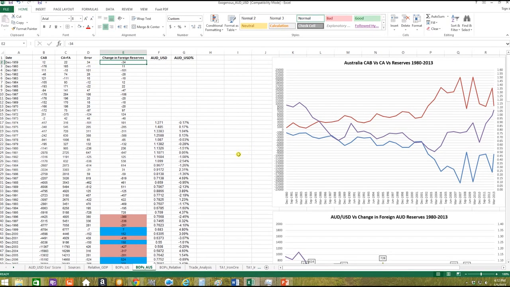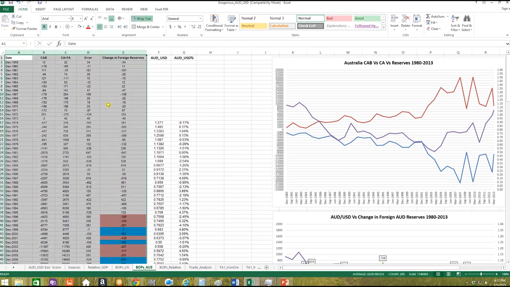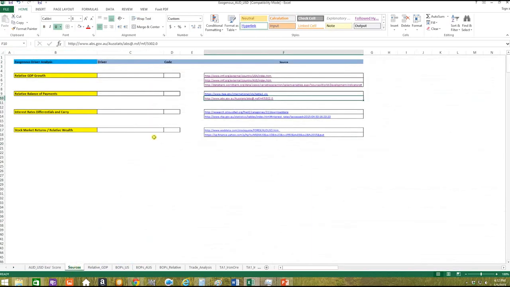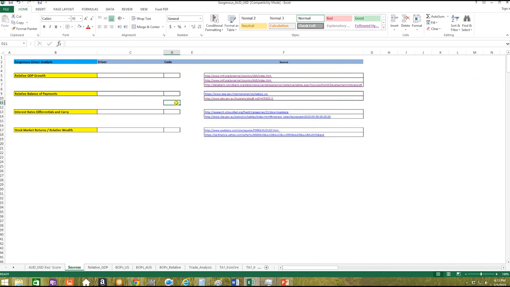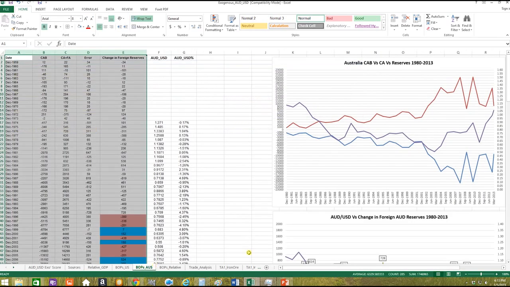So where do we actually get all of this data from? Well, this is all coming from Australian trade data. If you go into the sources tab, you'll see a link to the Australian Bureau of Statistics. If you click on that link, it'll take you to a download area on the ABS website, and you'll be able to download those stats.